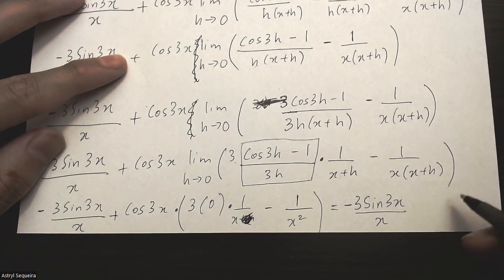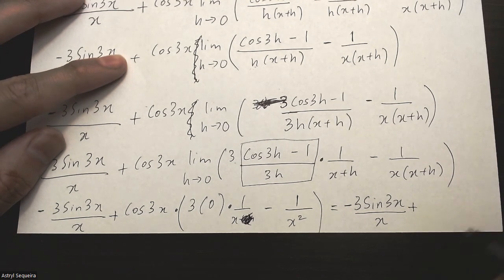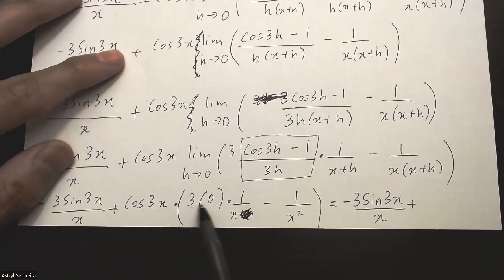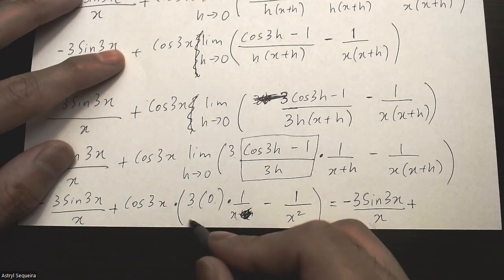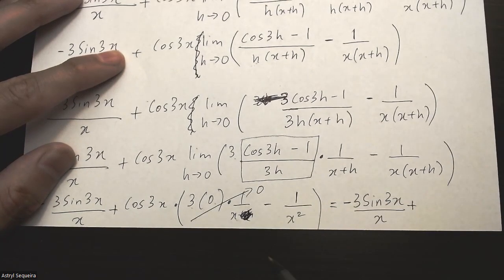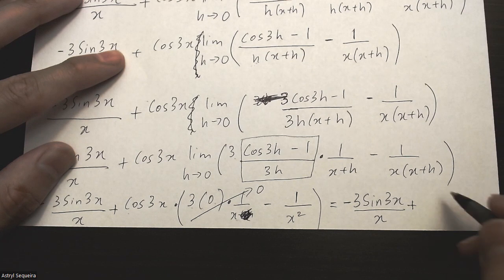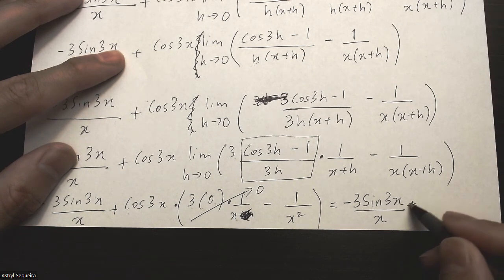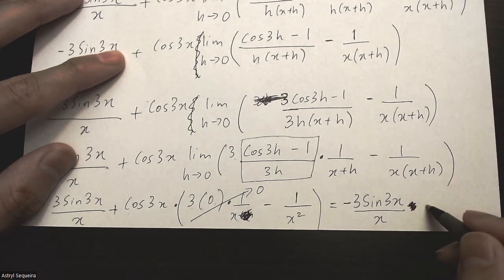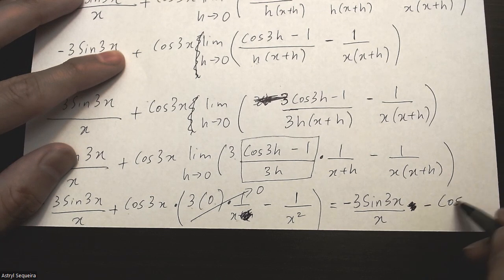So over here, 3 times 0 is 0, 0 times 1 over x is 0. This whole thing is just 0. So cos 3x times 0 won't matter. And then I have cos 3x times negative 1 over x squared, which is actually going to be minus, not plus, minus cos 3x divided by x squared.